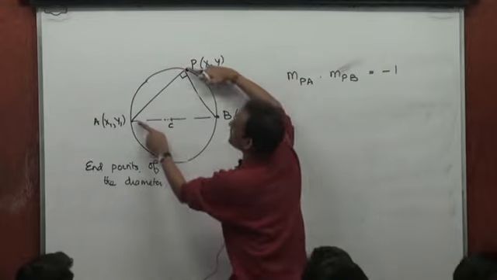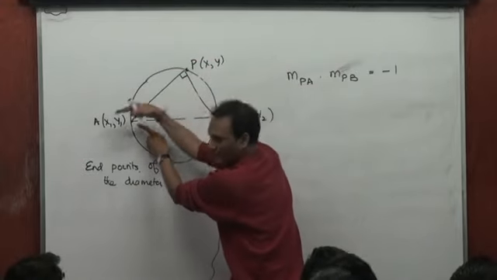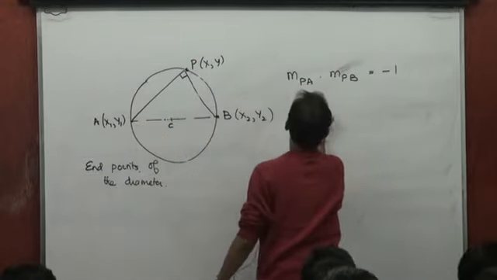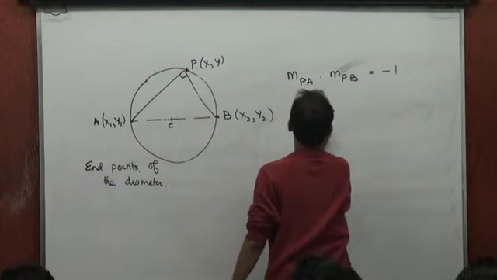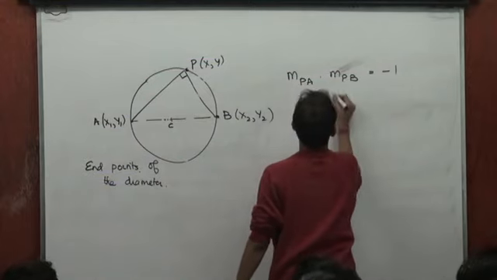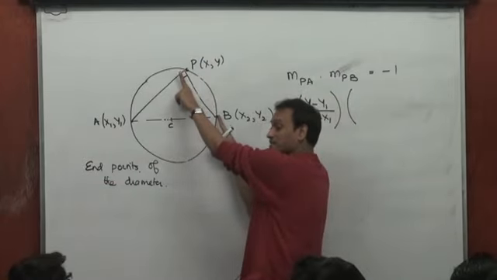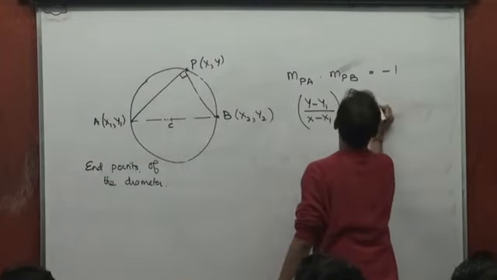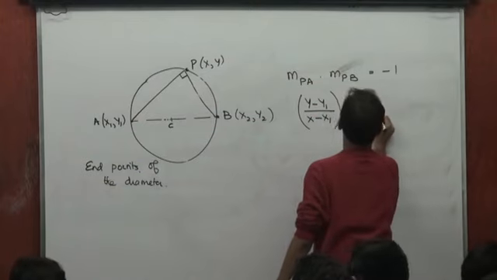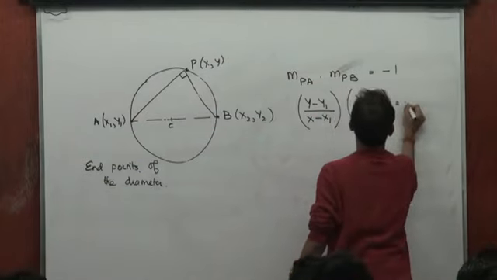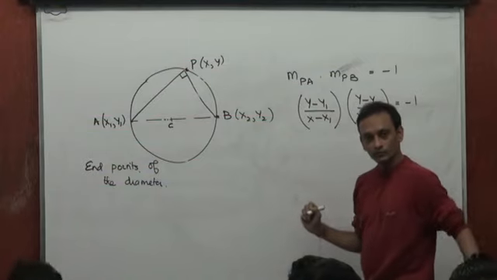And what's the slope of PA? (y minus y1) by (x minus x1). What's the slope of PB? (y minus y2) by (x minus x2). Right?